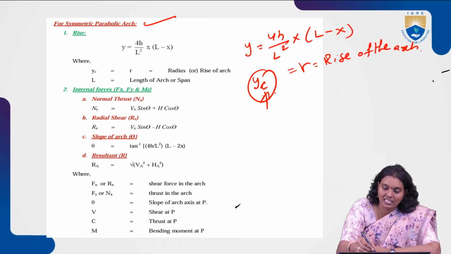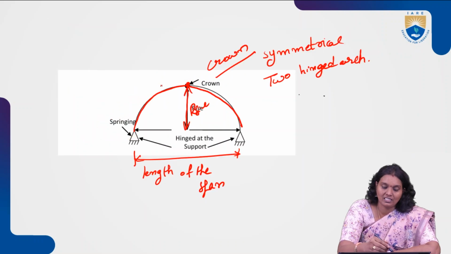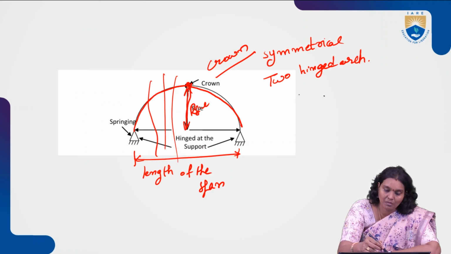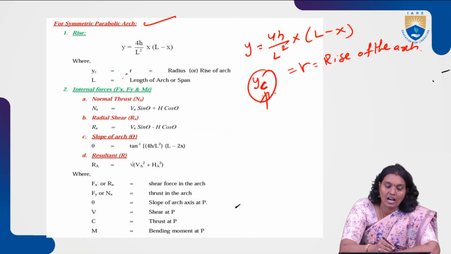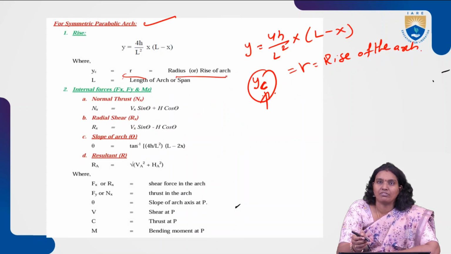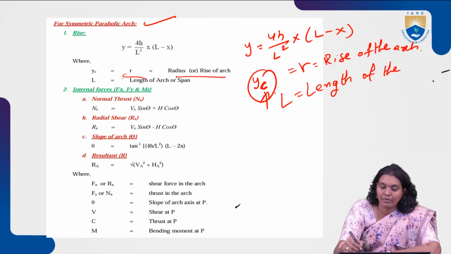Otherwise y depends upon where the point is. At C, at the crown, it is equal to this R, the rise of the arch. And L is the length of the span between the two supports.